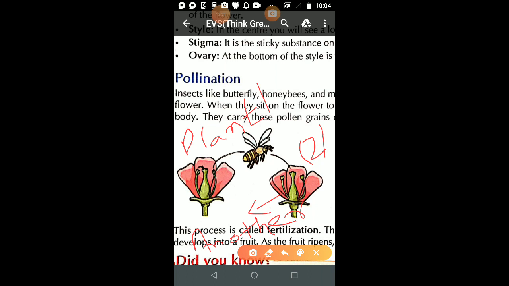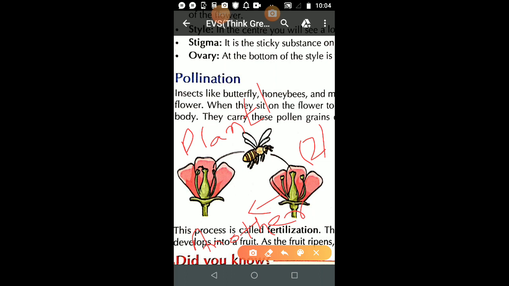In self pollination I explained two methods. Both the male and female reproductive parts are present in the same flower, so self pollination can occur. Or the same plant has many flowers, so the anther from one flower transfers pollen to the stigma of another flower, but the common thing is that the flower is also on the same plant.